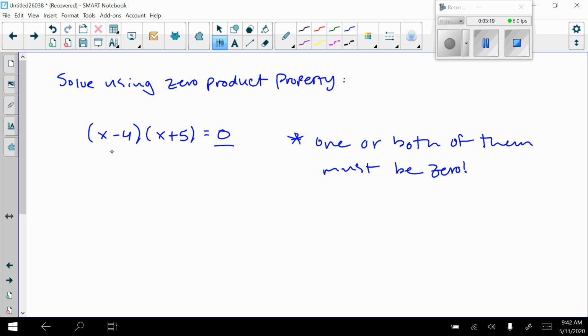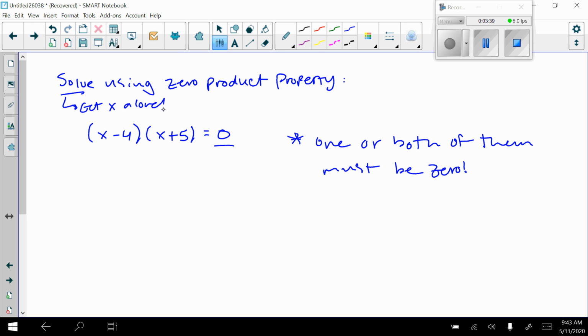When I'm solving a quadratic equation, I'm trying to solve for x. That means I'm trying to get x alone, just like when we solve a basic linear equation. I can use the zero product property to help me do that.